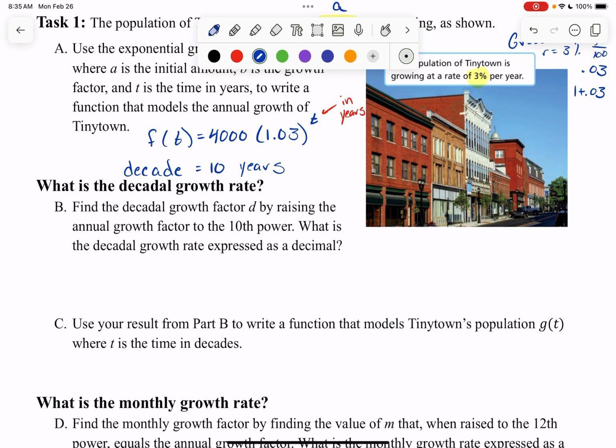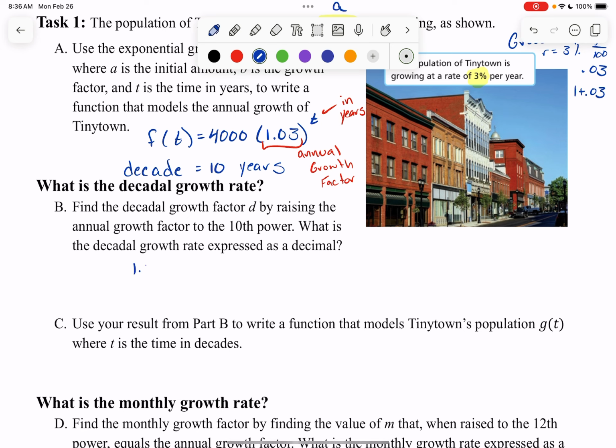So I want to now come up with the decadal growth factor. Okay, we'll call that D. My annual growth factor is 1.03. This up here was the annual growth factor, how it's growing every year. To find that decadal growth factor, we take this annual one and we raise it to the power of 10.